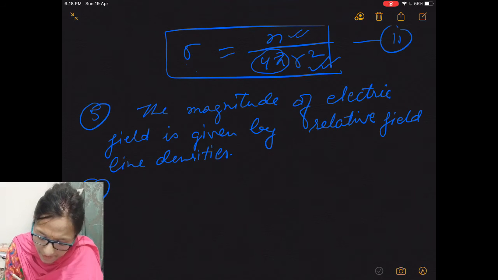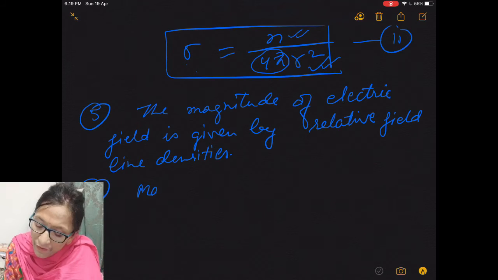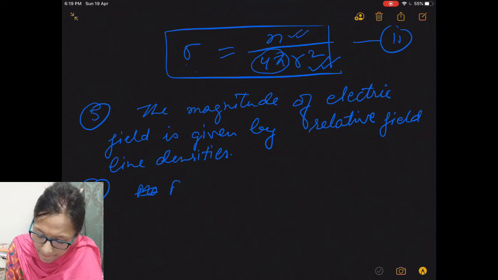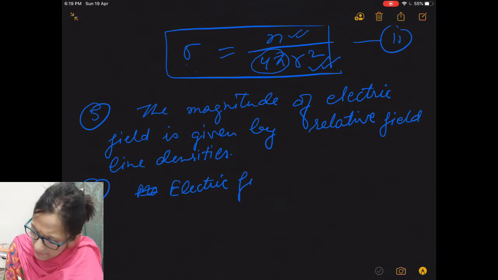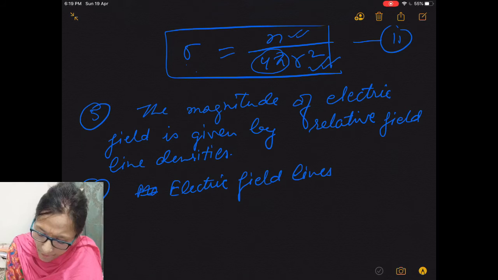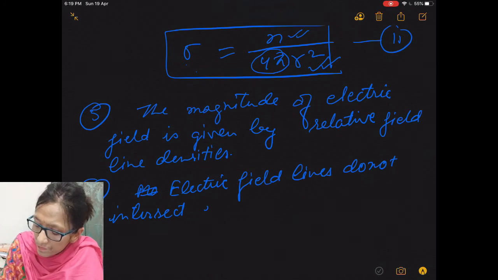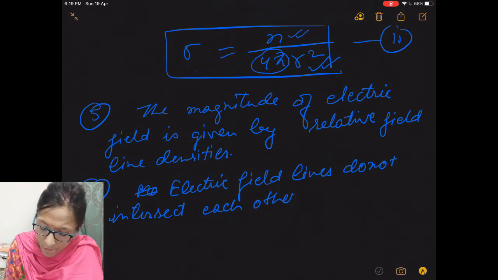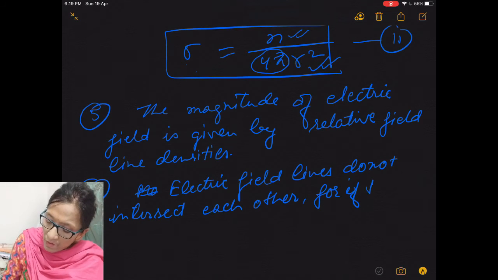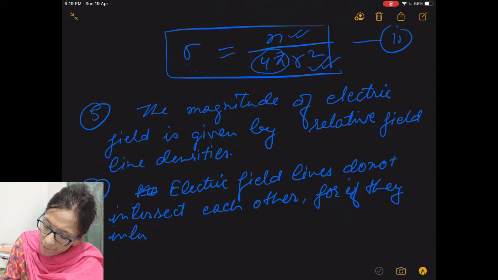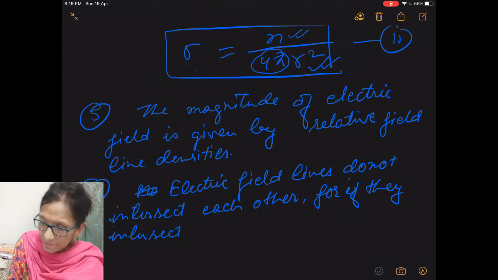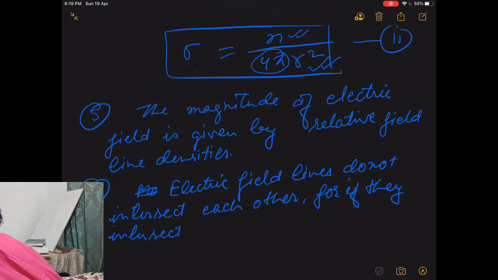Now sixth property: electric field lines do not intercept each other. For if they intersect, let me show you.